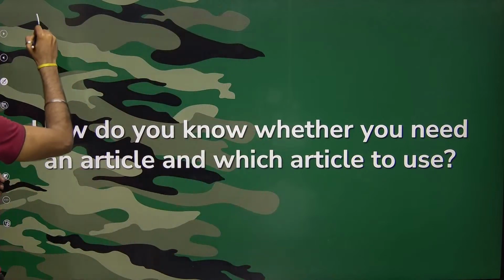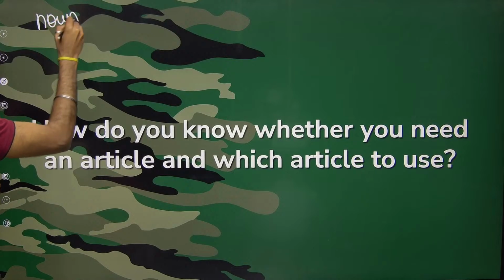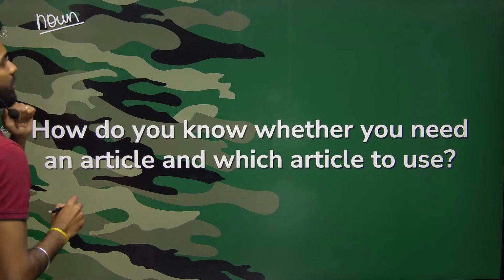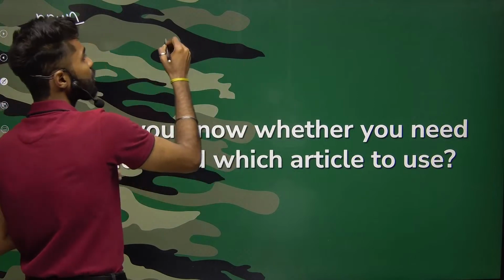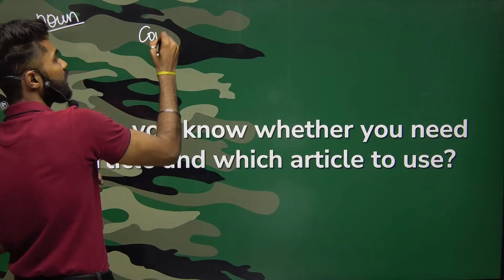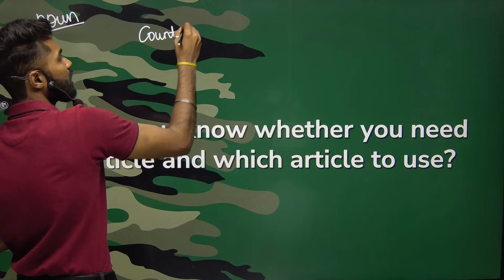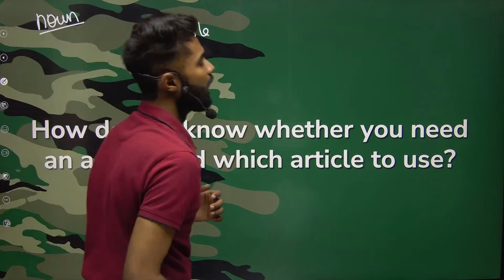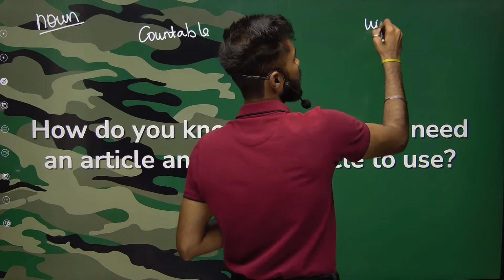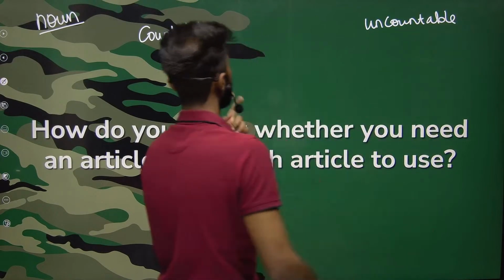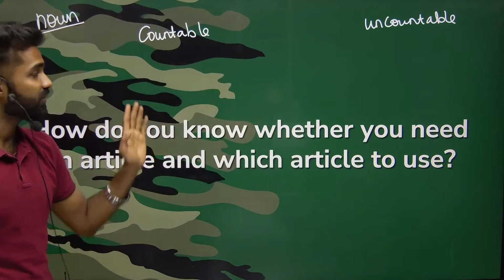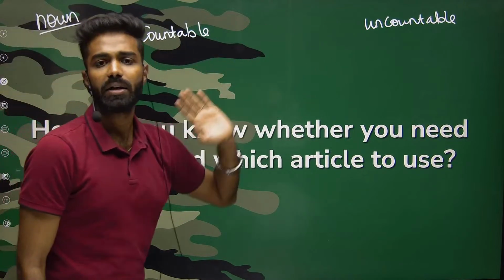The noun is the main thing. Now we have to separate this noun into two categories: countable and uncountable. We have classified these nouns into countable nouns and uncountable nouns.